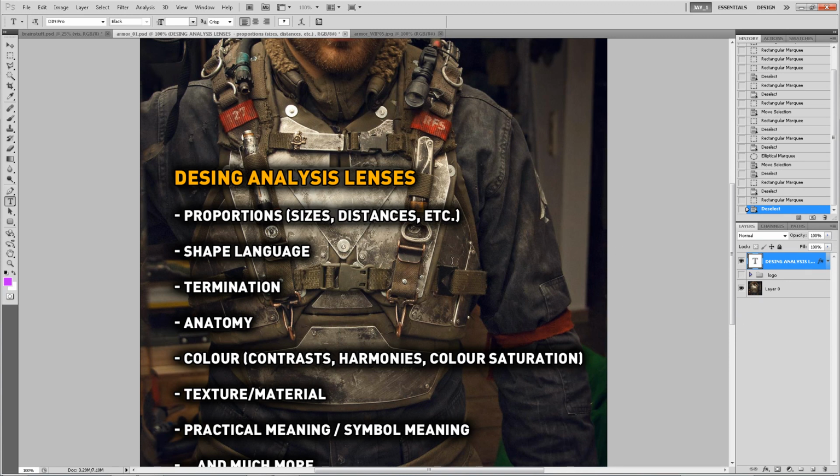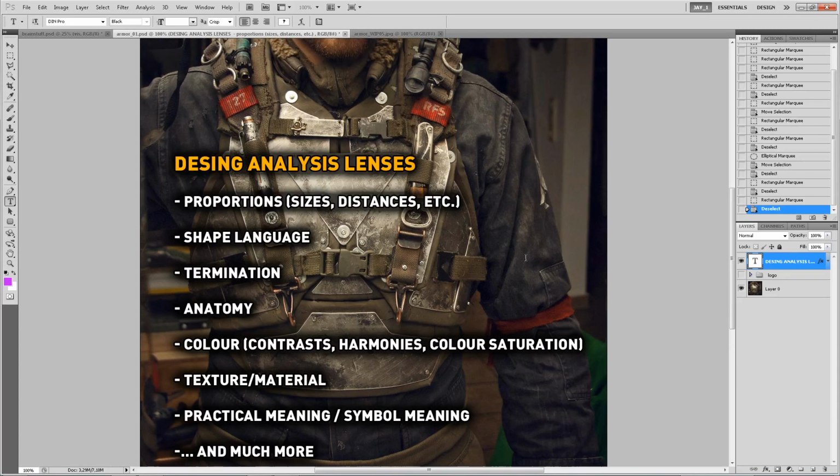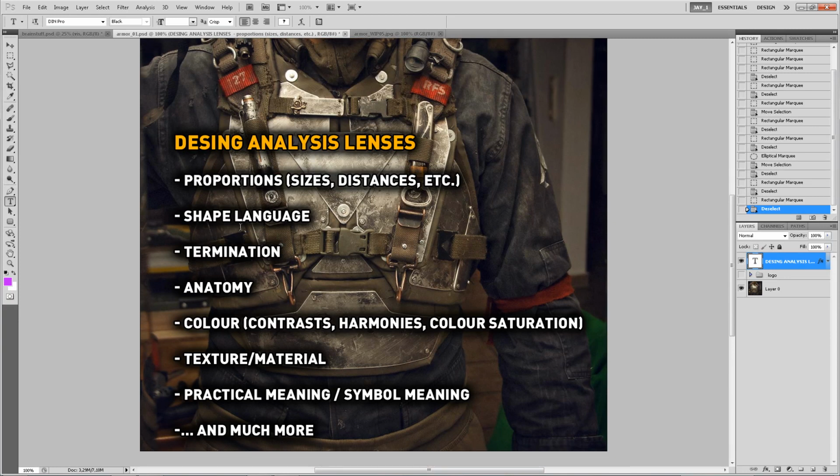So that book helped me a lot when creating Dustwind and still helps me a lot when working on it. So I've borrowed this term because I think it's very, very good, because you literally look at your artwork through those lenses and you analyze it. So these lenses I wrote down for you here are the basic ones that will help you with any sort of character art or art in general, but mostly with costumes.